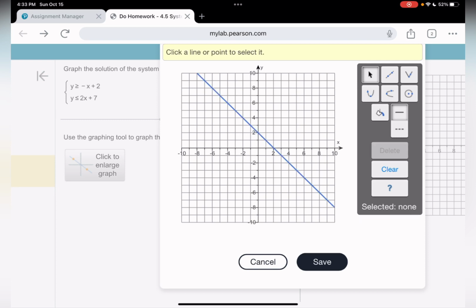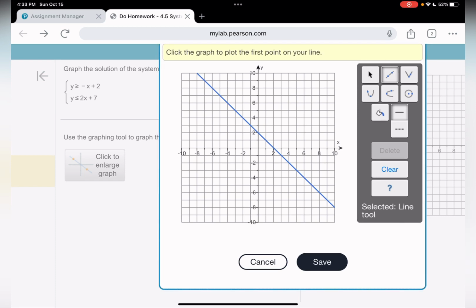And the second one, 2x plus 7. Also an equal sign is there, starting with 7. Okay, let me show you an interesting thing.